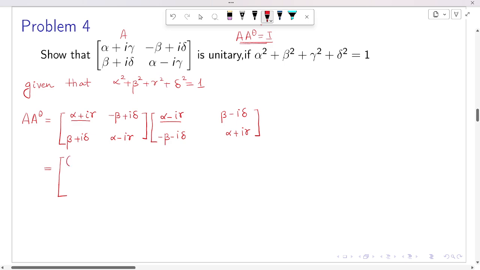Alpha plus iota gamma into alpha minus iota gamma, plus minus beta plus iota delta into minus beta minus iota delta.